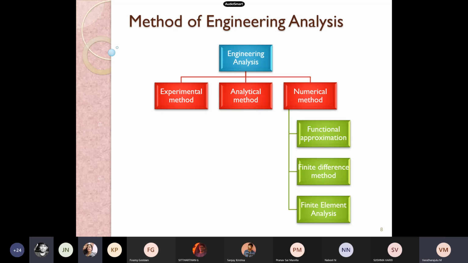A lot of loss and costs being invested into it. Yes, very good. We'll be getting less profit, sir. Okay, yes, as someone said, there are huge losses in doing the experimental method.